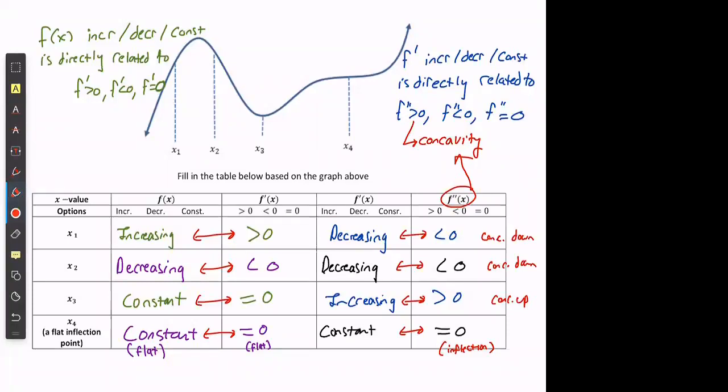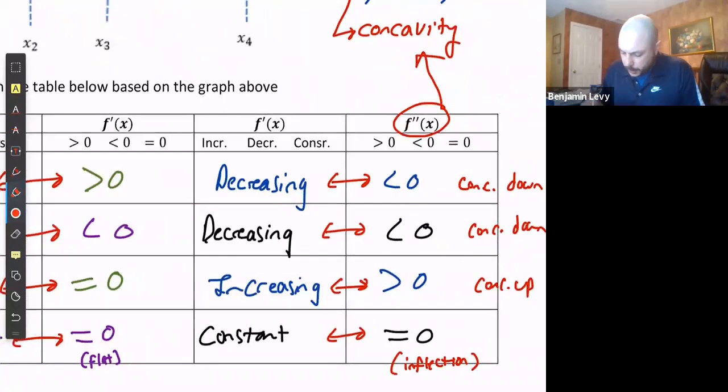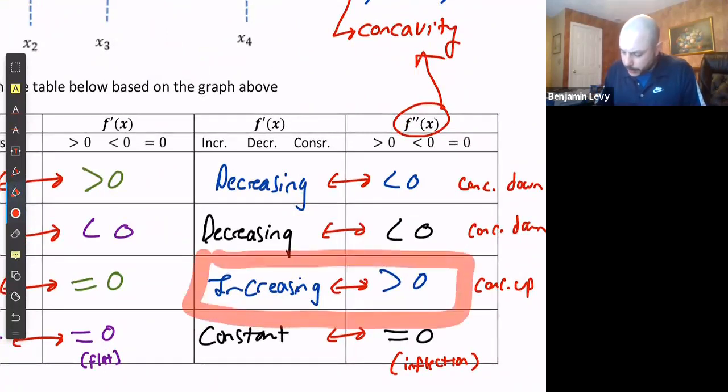At x3, why is f prime increasing? Because these two things are related to each other. So the derivative, were you thinking it was 0?